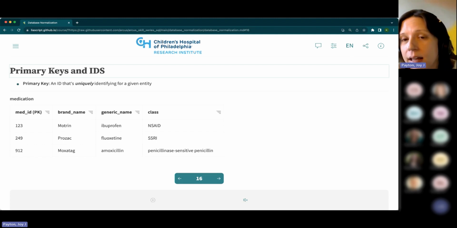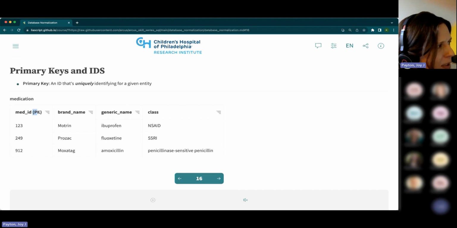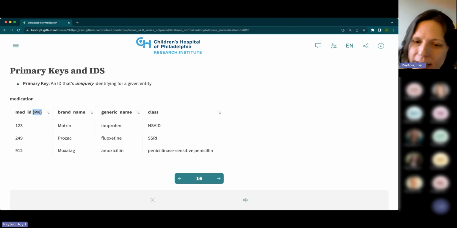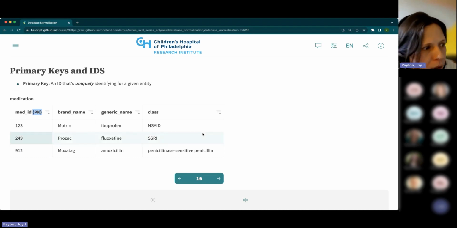If you say, hey, by the way, this ID is a primary key, it will not allow you to accidentally re-add that ID to another patient, let's say, or another medication. It'll prevent you from making that mistake. All right, so that is a primary key, and we can see here that it says PK, and a lot of times there'll be a little hint, either a little icon of a key, or the letters PK, to let you know when you're looking at these tables that you're dealing with a primary key.